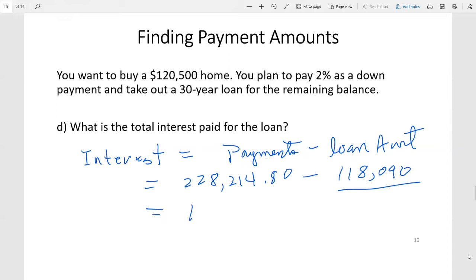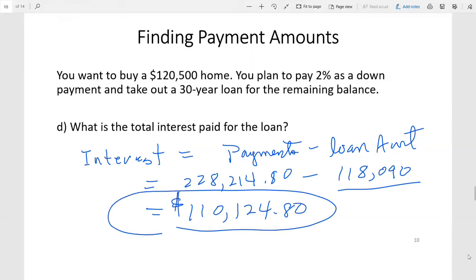And that equals $110,124.80. So you paid almost as much interest as the value of the home.